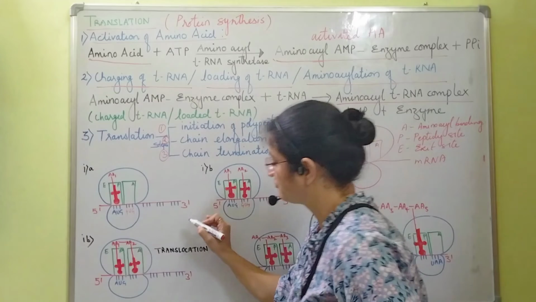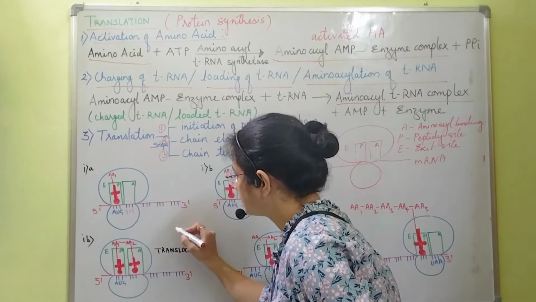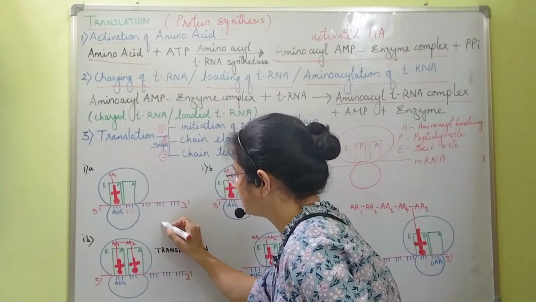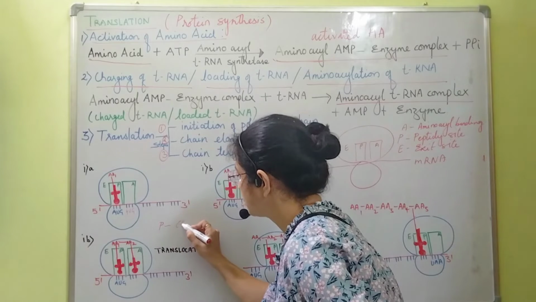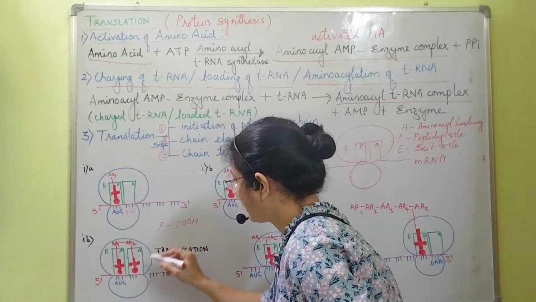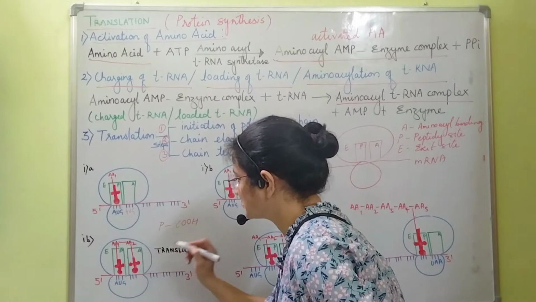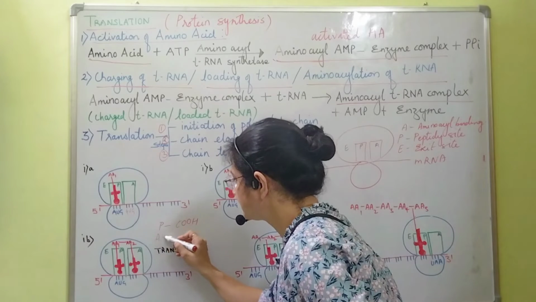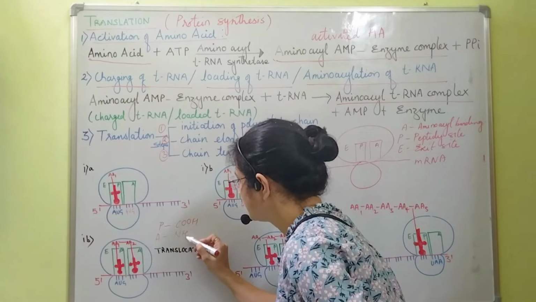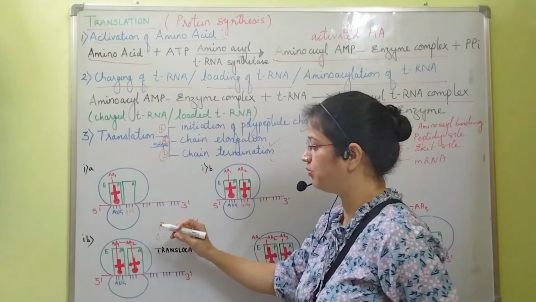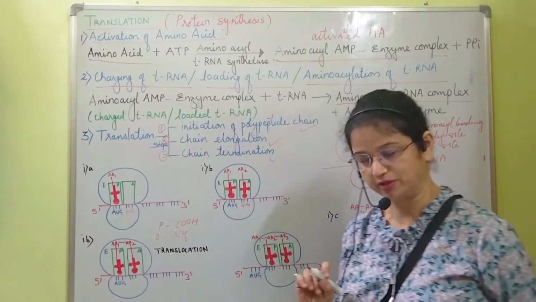So here I am writing which two groups: the amino acid which is present at the P site, its carboxyl group, and the amino acid which is present at the A site, its amino group. There will be bond formation between these amino acids.